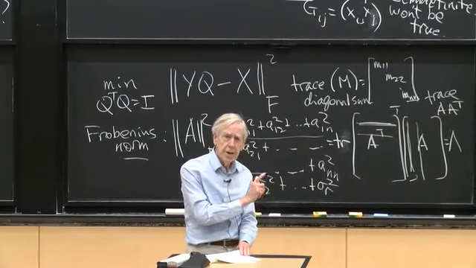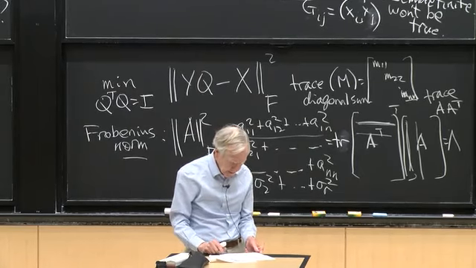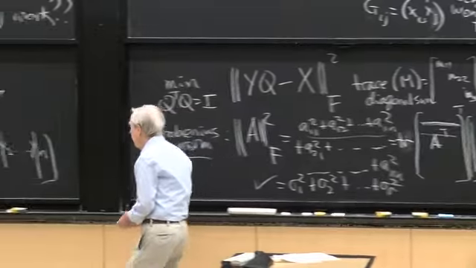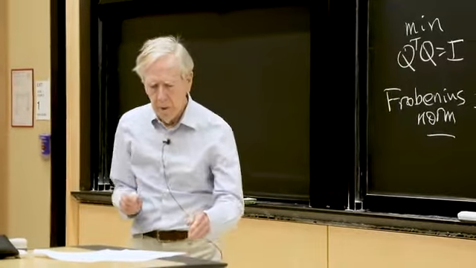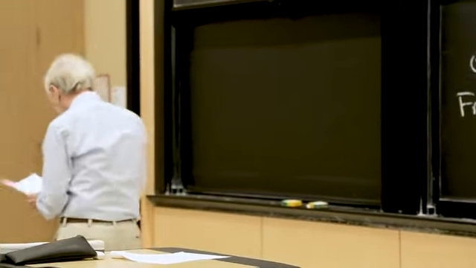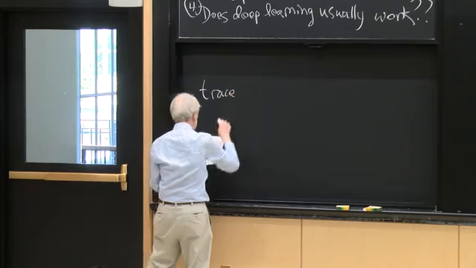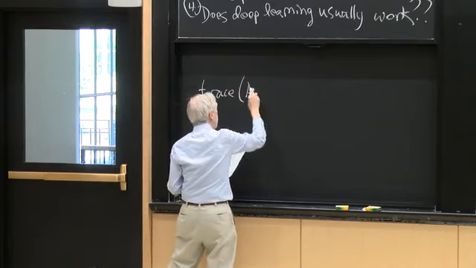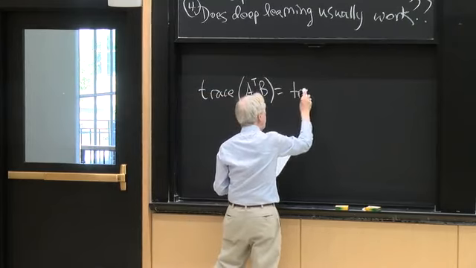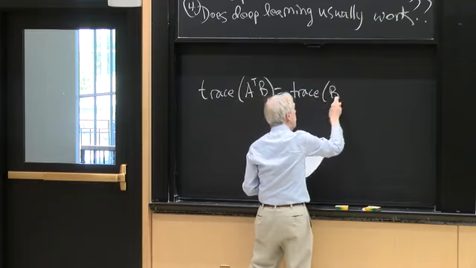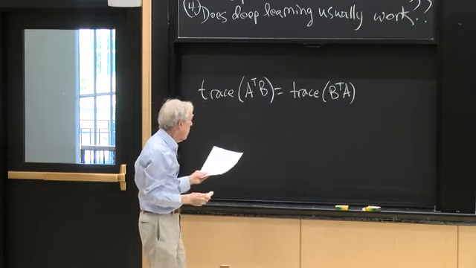Okay, so we saw that it involves traces. So let me make a few observations about traces. We want to be able to play with traces, and that's something we really haven't done. Here's a fact, that the trace of A transpose B is equal to the trace of B transpose A. Of course, if B is A, it's clear.